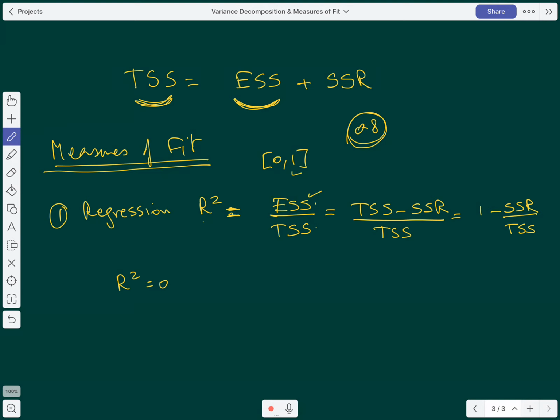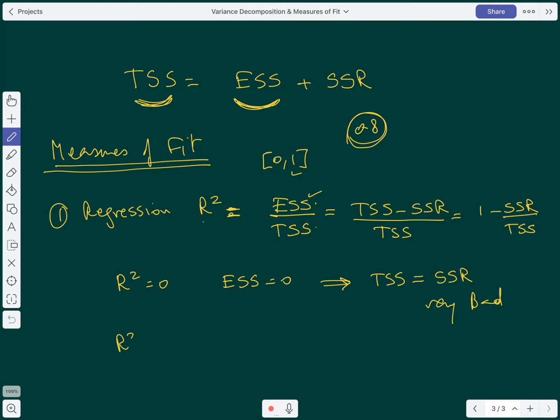This happens when the explanation ESS is equal to 0. Then all my model is only explained by the mistakes, the residuals, which is very bad. This is a very bad model, because my x's cannot explain the variations in the dependent variable. This is one of the extremes.